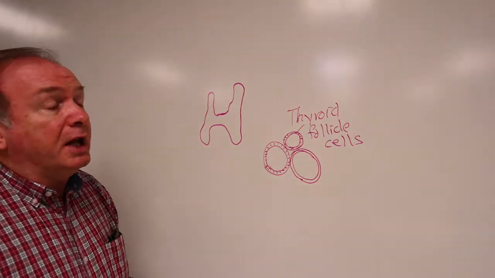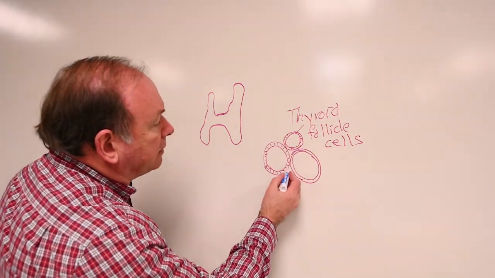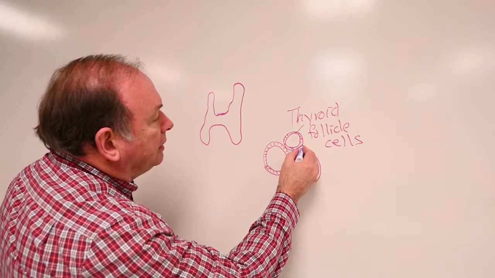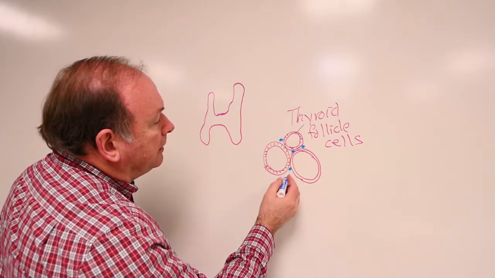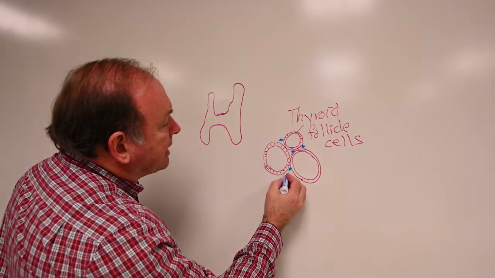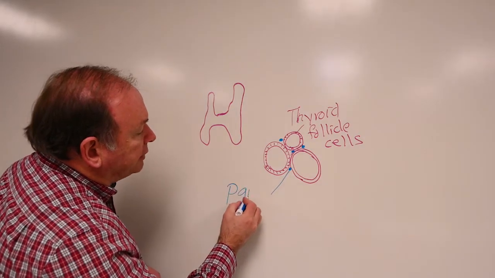There's an additional cell type that works itself in between these thyroid follicles in here. I'm going to draw just a few of them in here in this blue color. These are calcitonin producing cells, sometimes called parafollicular cells.